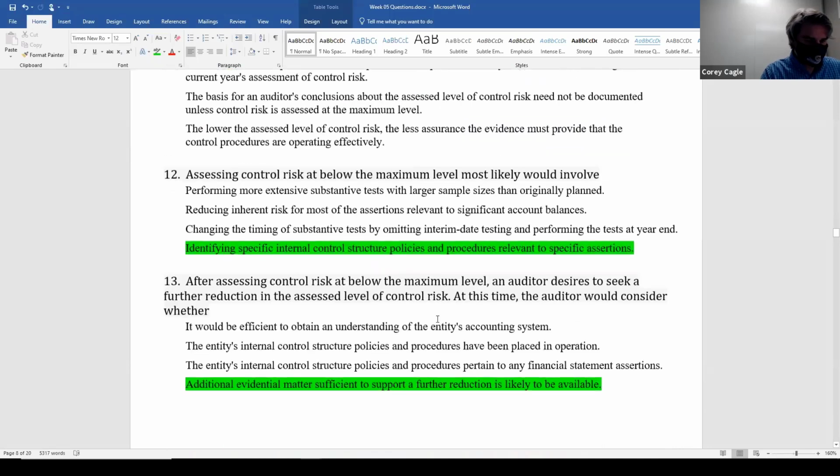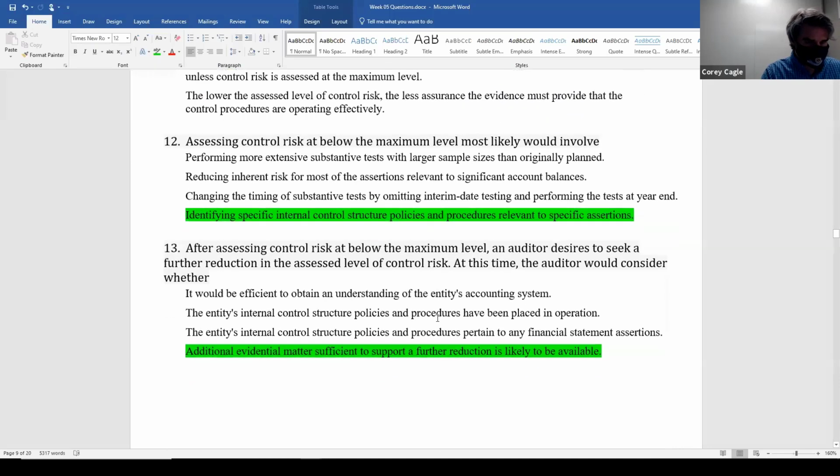12 is another classic that you should definitely understand. We've already talked about it, but assessing control risk at below maximum would most likely involve what? So below the maximum. If we're assessing it at maximum, we're relying on nothing, and we're moving on to the audit test, substantive test.